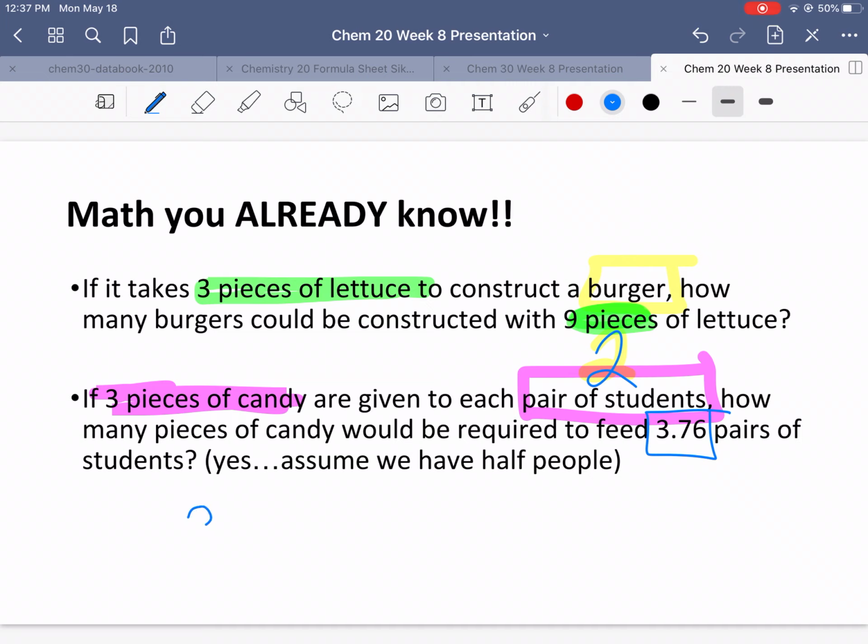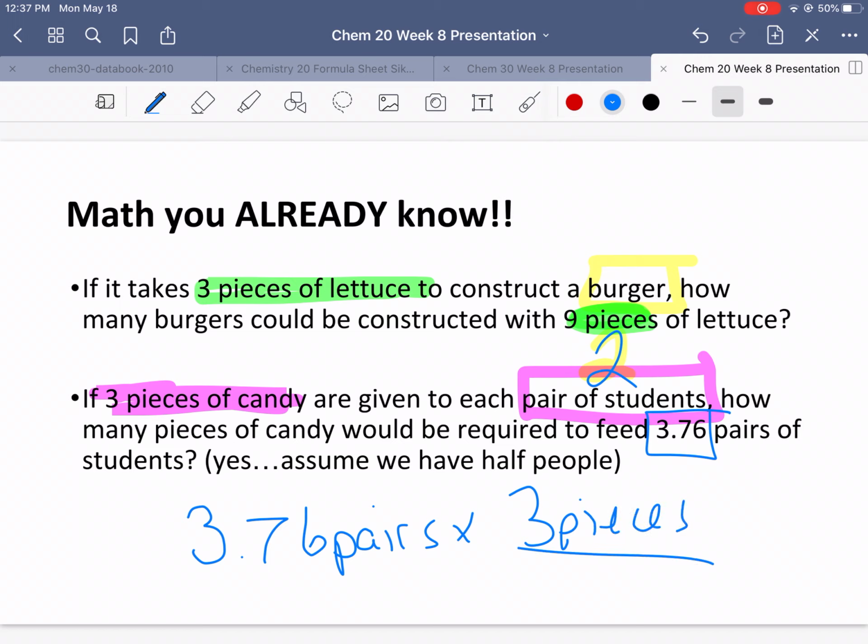So this is easy math. 3.76 pairs times 3 pieces per pair. And you can even cancel out units. Pairs cancel out. 3.76 times 3, well, we're going to have 11.28 pieces of candy.